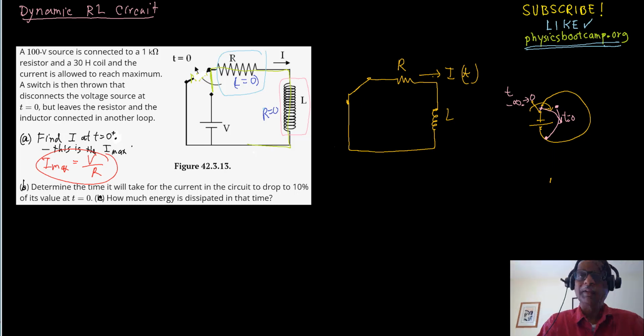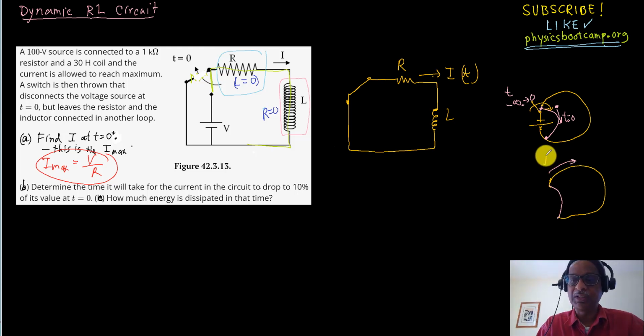So now what will happen is there's no battery anymore. It's just like that. So the current at t equal to 0 was I max, and then at some other time this will be I of t at t greater than 0.